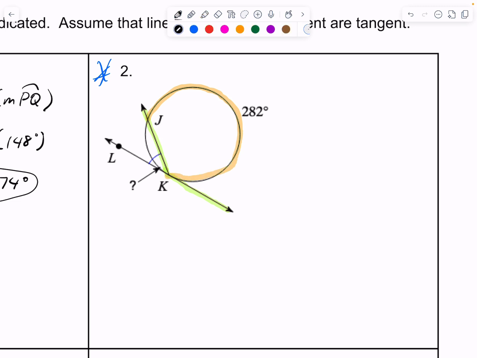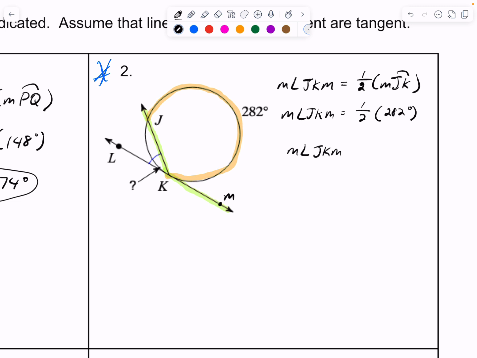It doesn't give me a point here, so let's just make up a letter, JKM, which is going to be 1/2 times the measure of arc JK. If I plug in what I'm given in the problem, which is 282 degrees for that arc, I can find that angle JKM by dividing 282 by 2, which is going to be 141.